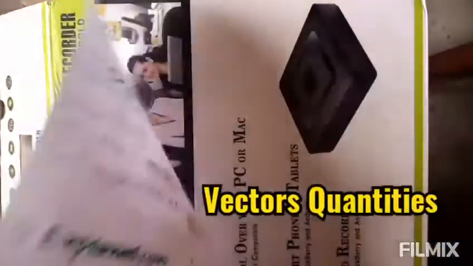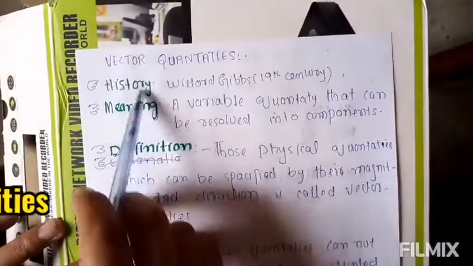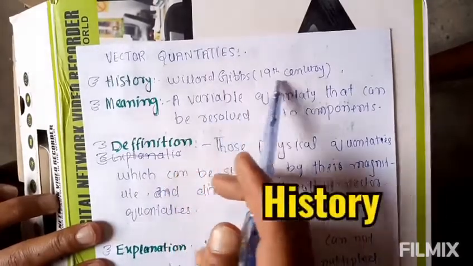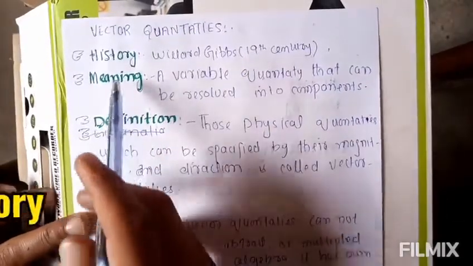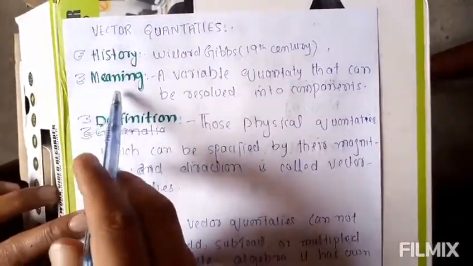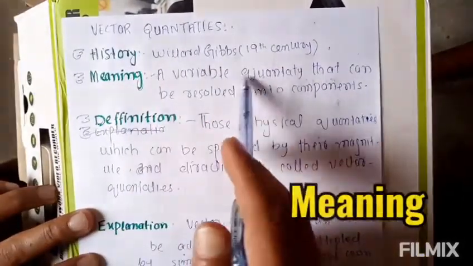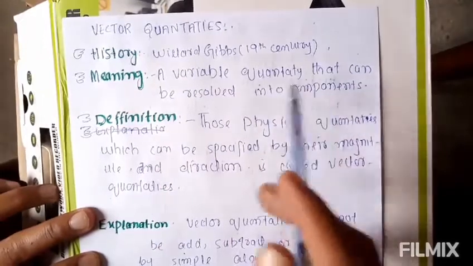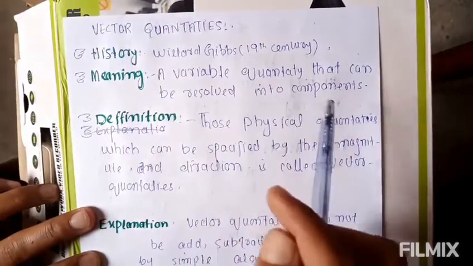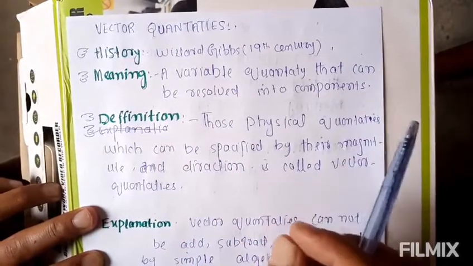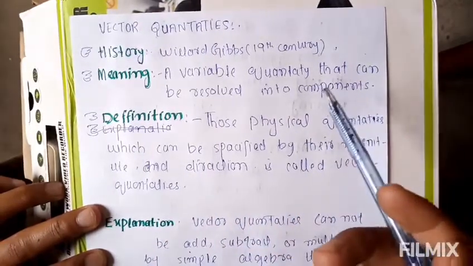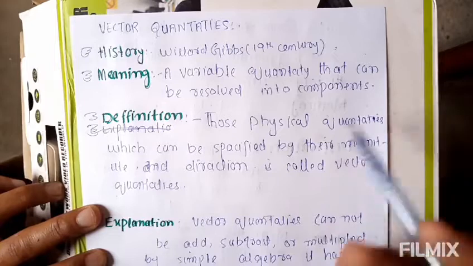Now come to vector quantities. Historically, Willard Gibbs in the 19th century gave the idea of vector quantities. The meaning: a vector is a quantity that can be resolved into its components, in directions like x, y, z.